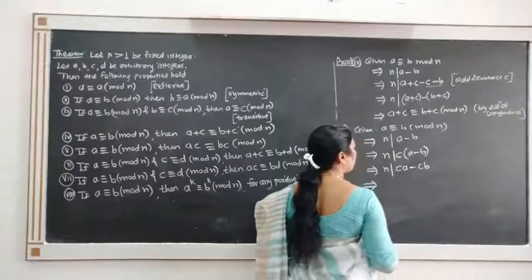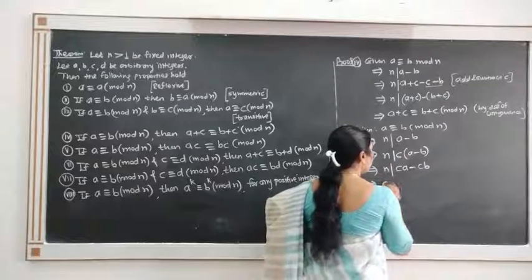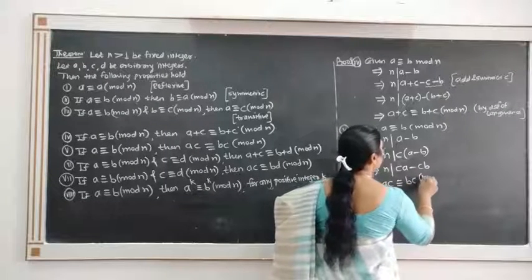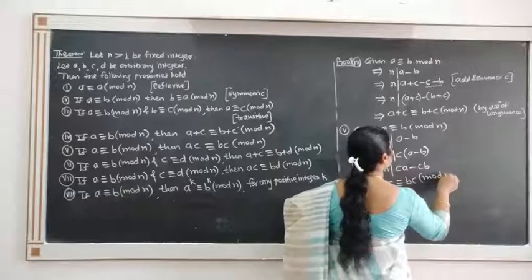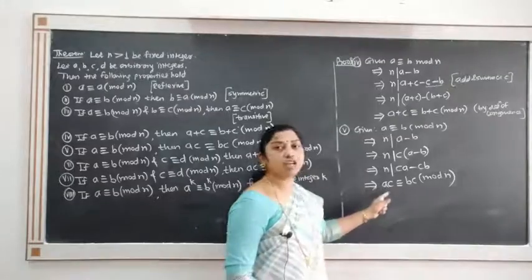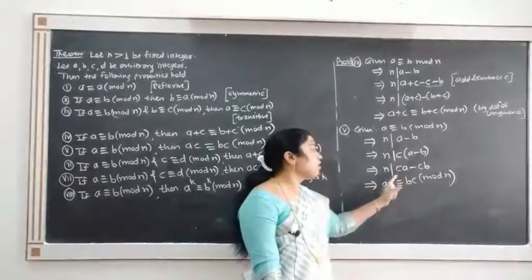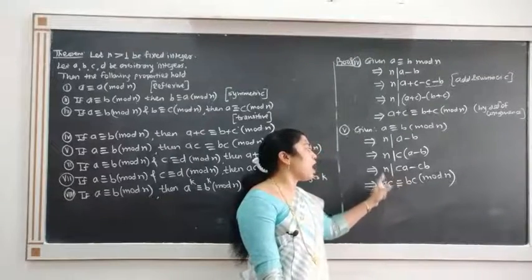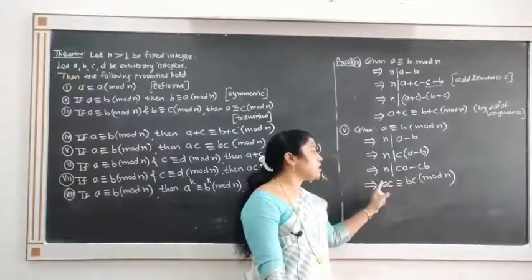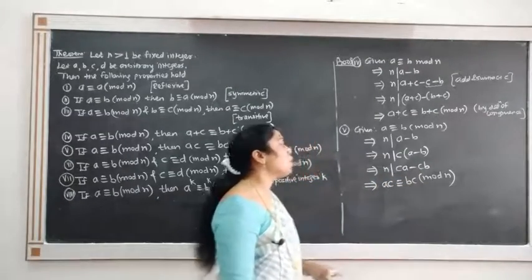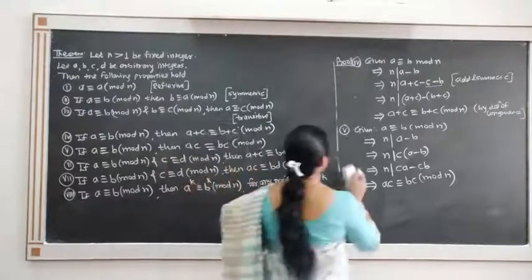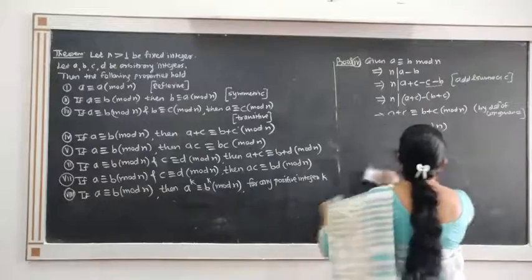So by definition of congruence, ac or ca is congruent to bc mod n. ac or ca both are equal, multiplication is commutative. So ca or ac both are the same, and therefore n divides ca minus cb means that ac is congruent to bc mod n. Now consider the sixth part.